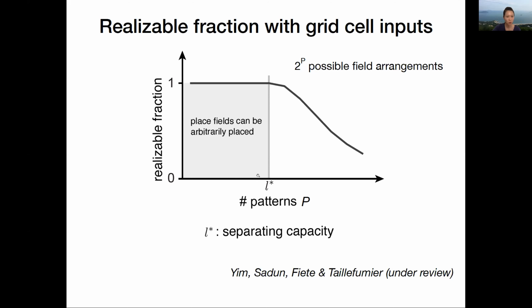And there's a critical point called separating capacity in computer science, which is the maximum number of patterns for which all field arrangements are realizable. And we made an estimate of how large this separating capacity is with grid cell input.